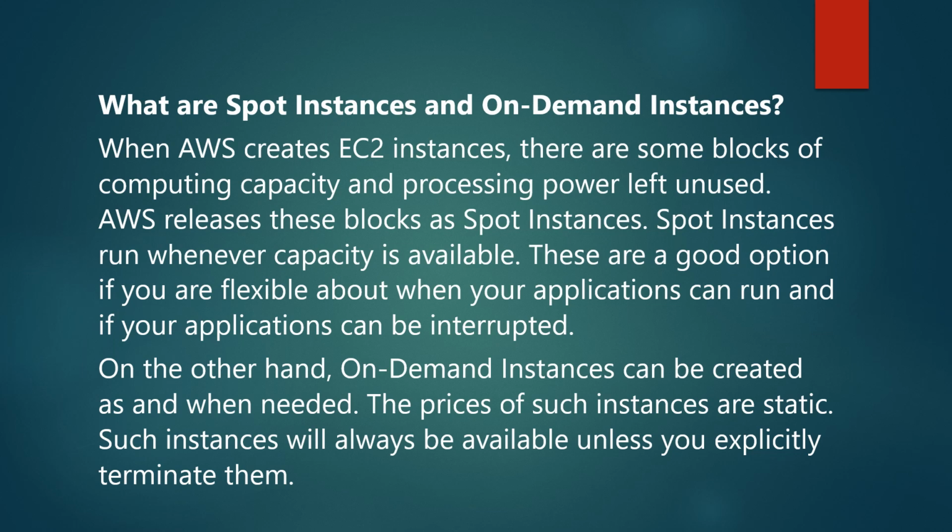These are a good option if you are flexible about when your application can run and if your application can be interrupted. On the other hand, an on-demand instance can be created as and when needed. The price of such instances is static. Such instances will always be available unless you explicitly terminate them.